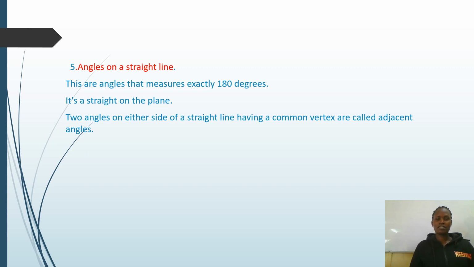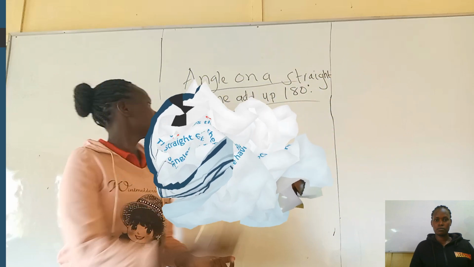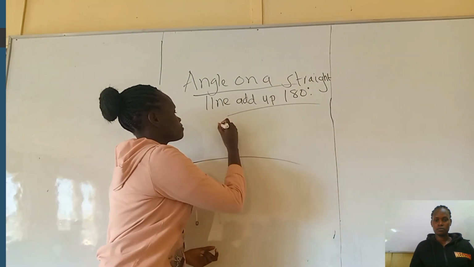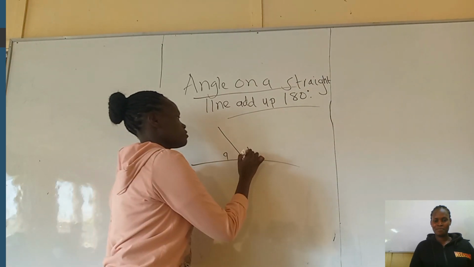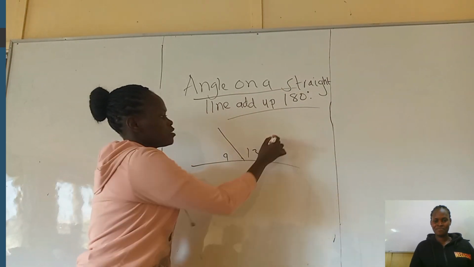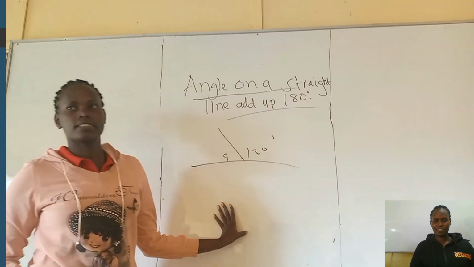Angles on a straight line. These are angles that measure exactly 180 degrees. It is straight on the plane. Two angles on either side of a straight line having a common vertex are called adjacent angles. For example, this angle here plus this angle 120 should add up to 180 degrees.